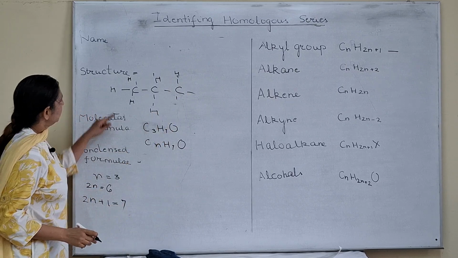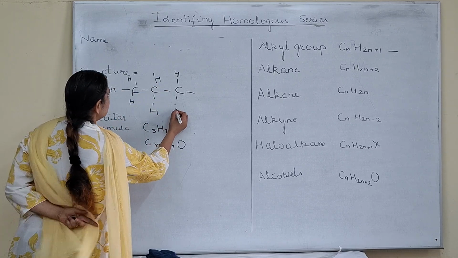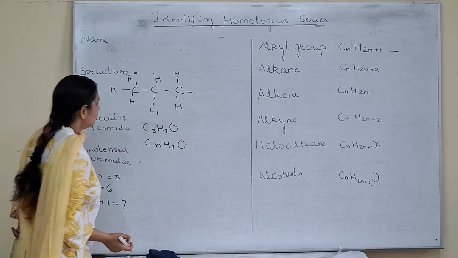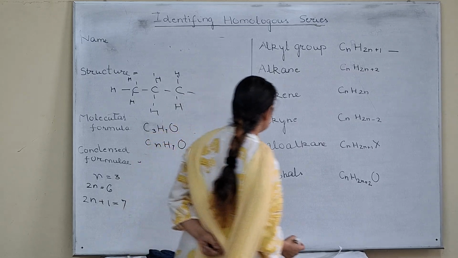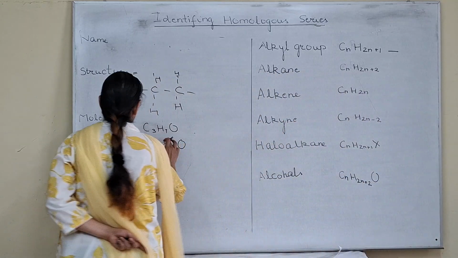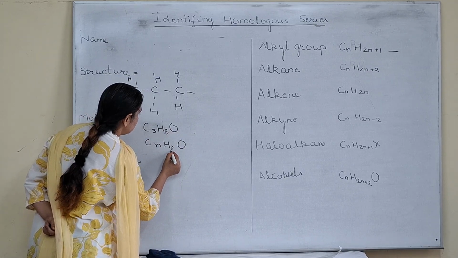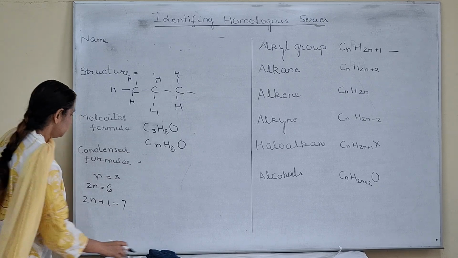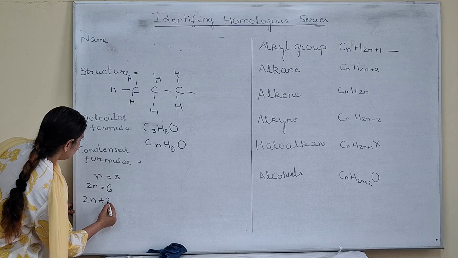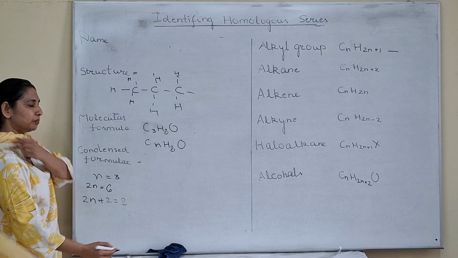Okay, how many have we put? 1, 2, 3, 4, 5, 6 and 7. So we have used up. I think there's something wrong here. Alright, you can make this correction: H8 and O. So 2n plus 2 will give you 8, which now satisfies this compound.